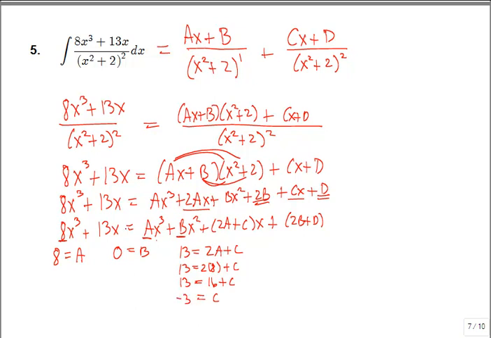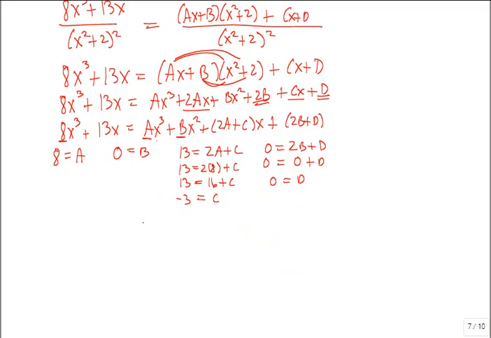And now if I look at my constant term, there is no constant on the left, so that's a 0. And my constant term on the right is 2b plus d. We know that b is 0, so this term becomes 0, so that forces d to be 0 as well. So that means my fractions become 8x plus 0 over x squared plus 2, plus cx, or -3x, plus 0 over x squared plus 2 squared.